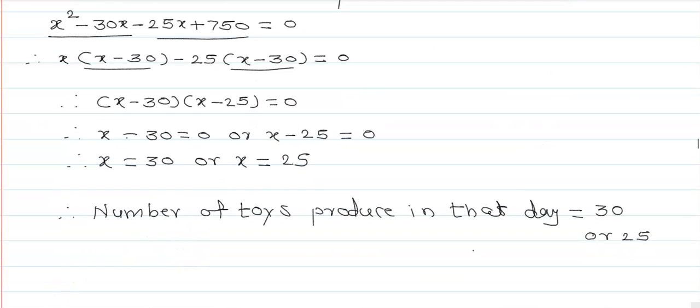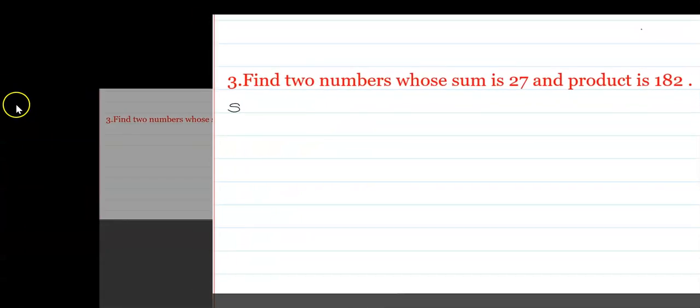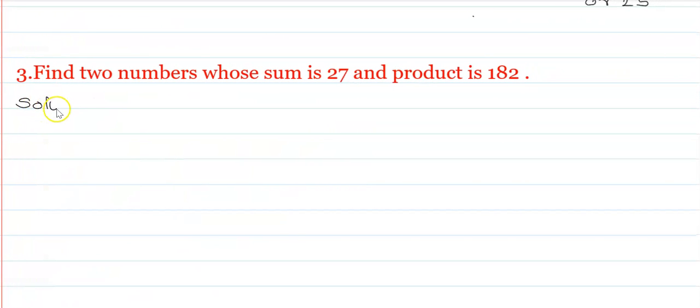Now next example. Find two numbers whose sum is 27 and the product is 182. Now the solution. Let the first number be x.